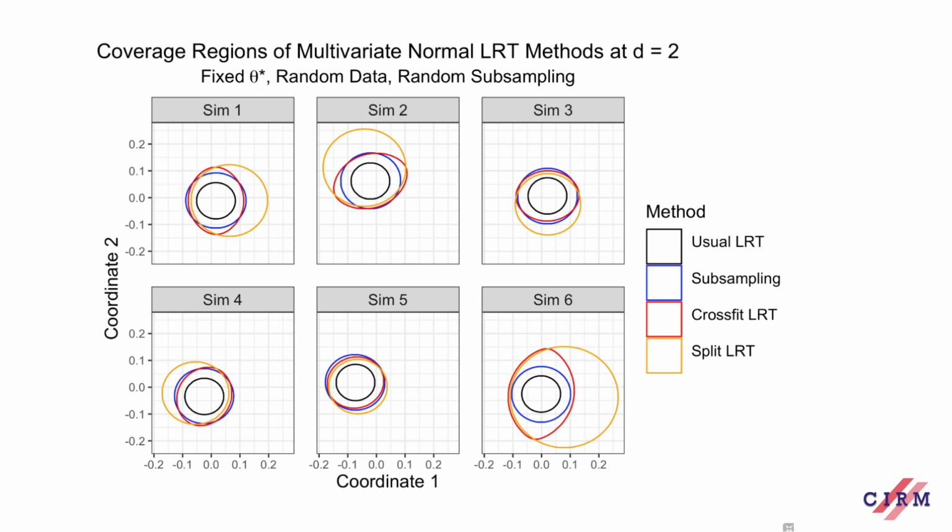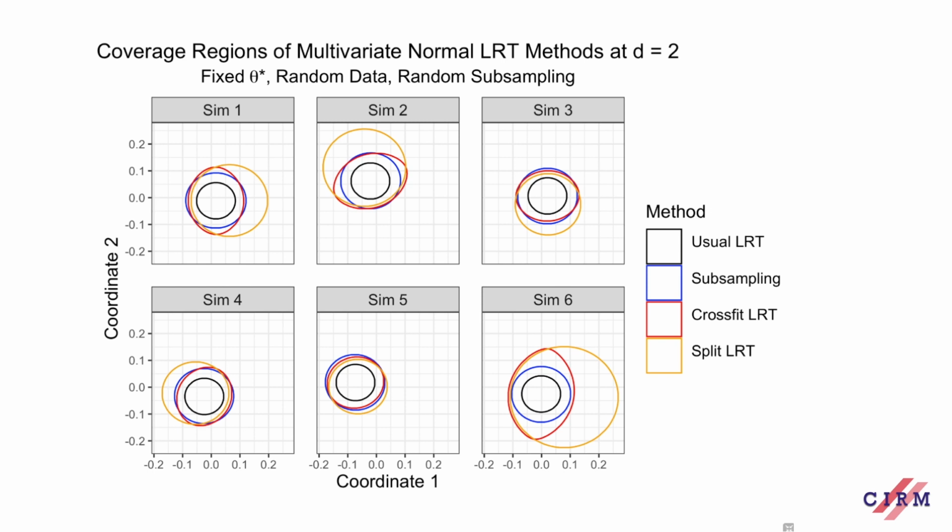So here we are plotting the confidence set produced, and we just draw from a two-dimensional Gaussian, and then we produce the usual LRT type set, and we produce the set from the split LRT, which is this bigger yellow circle, the CrossFit LRT, which does just one swap, which turns out to look like this red rugby ball.